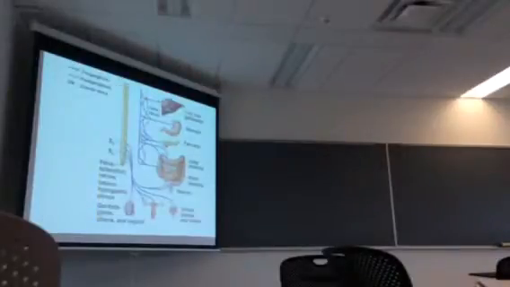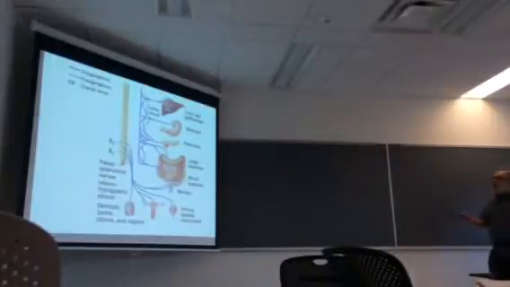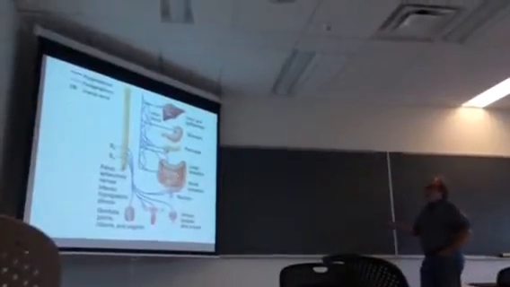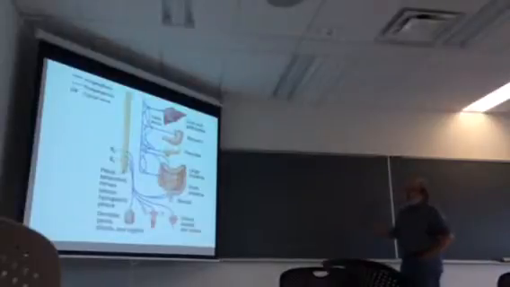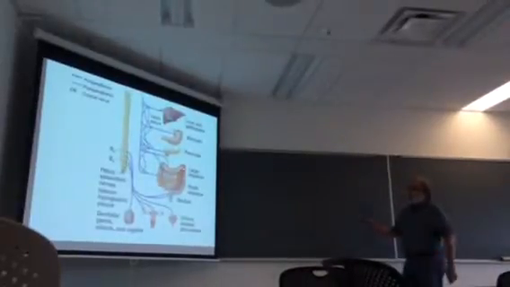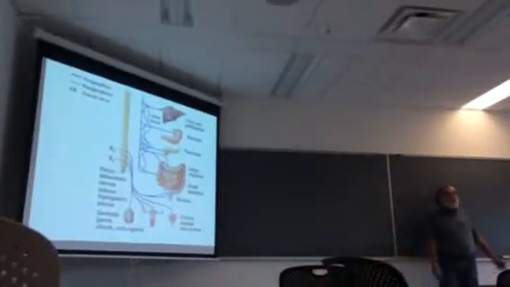We continue on down. This monster, this celiac plexus, is going to innervate the liver and the gallbladder. We're going to innervate the stomach. We're going to innervate the pancreas. We are going to innervate the small intestine and the ascending and transverse large intestine or colon.